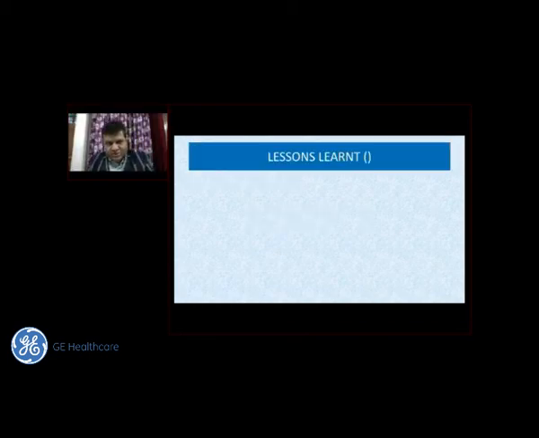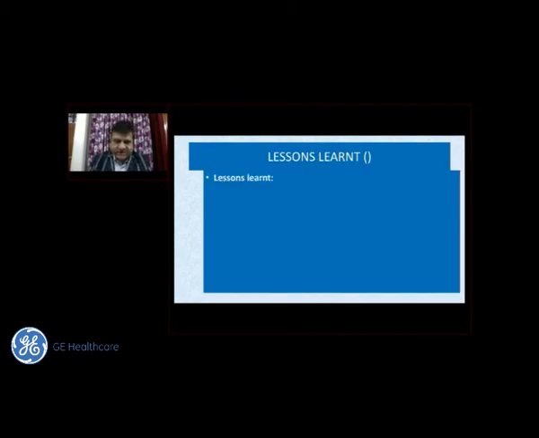So what are the lessons that we learn from this? A dating scan at 11 to 14 weeks may not be as accurate as a dating scan between 6 to 9 weeks. So there are situations with early FGR where we go back to the 6 to 9 week scan.